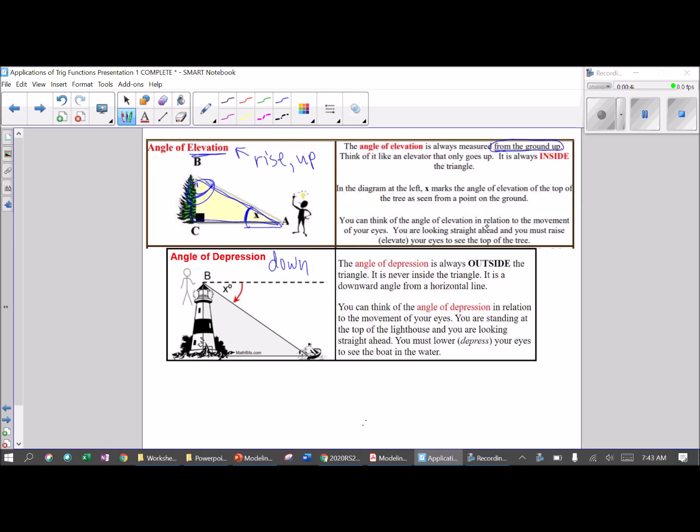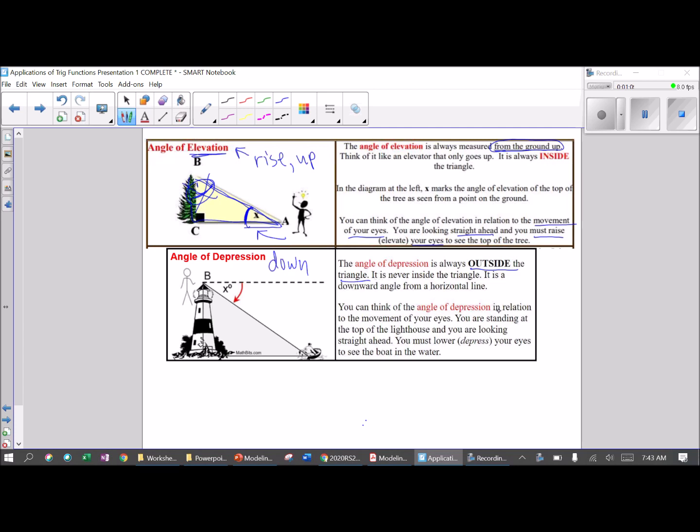And the best way to think of it is like when you look at something. You're looking straight ahead and you want to look up to something, you have to raise your eyes. And that becomes this angle right here. The angle of depression is very similar. This one's outside the triangle.